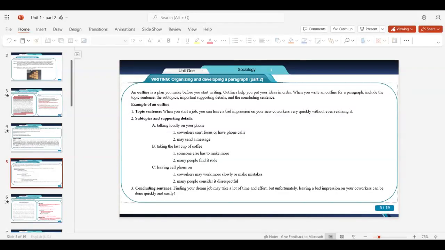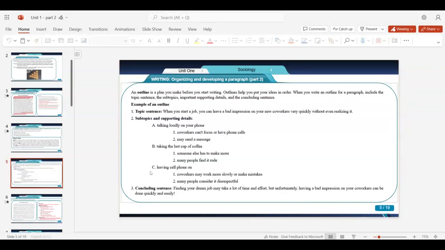These are all the ways, A, B, C. A, talking loudly on your phone. Number one, coworkers can't focus, or if they have phone calls, they may send a message. Okay, then B, taking the last cup of coffee. Someone else has to make more. Many people find it rude.